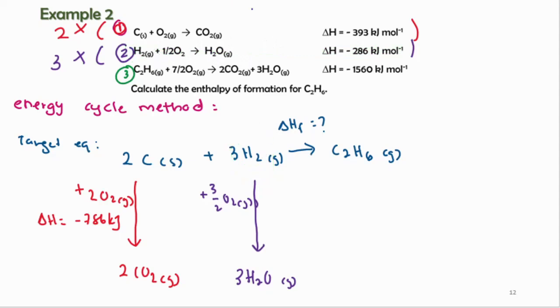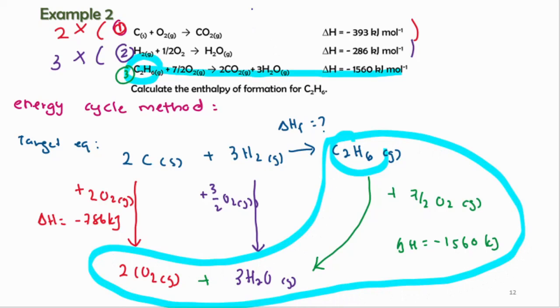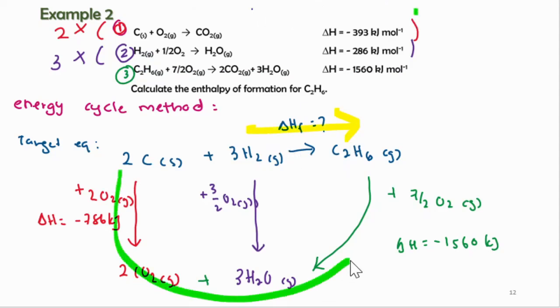And your enthalpy change, jangan lupa tulis lah, negative 286. Okay, so the last one is from C2H6 plus 7/2 O2. Kamu akan dapat produk 2 mole CO2 and 3 mole H2O. So for this reaction, enthalpy negative 1560.